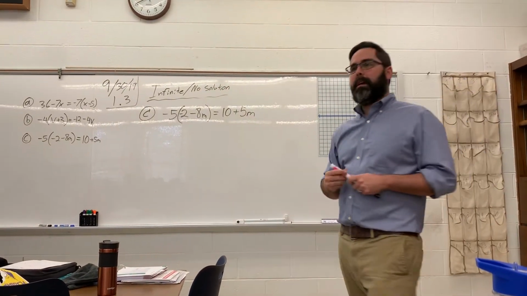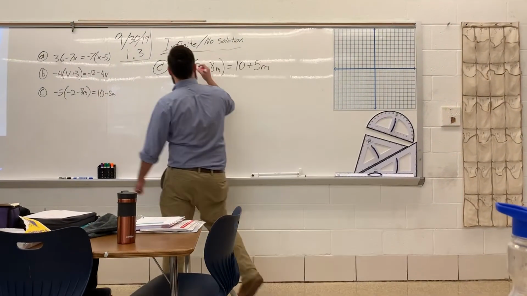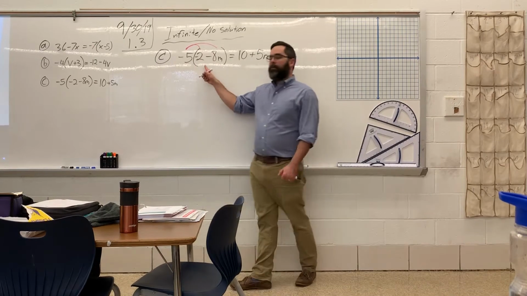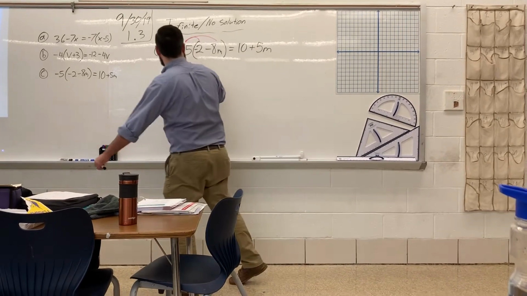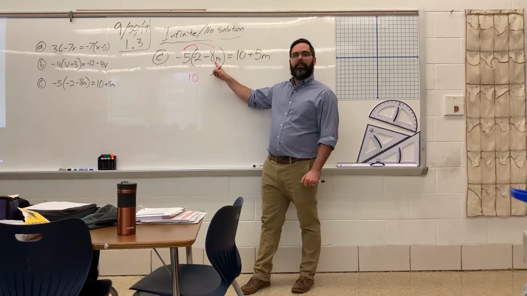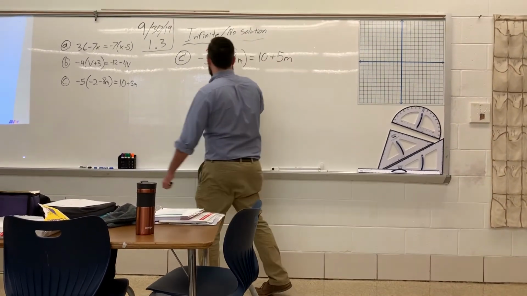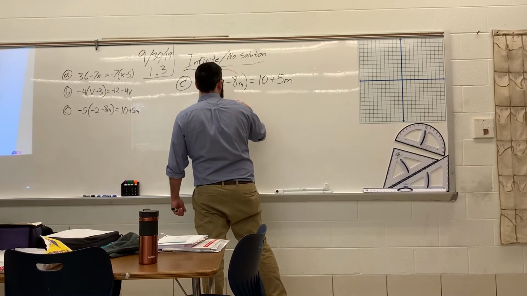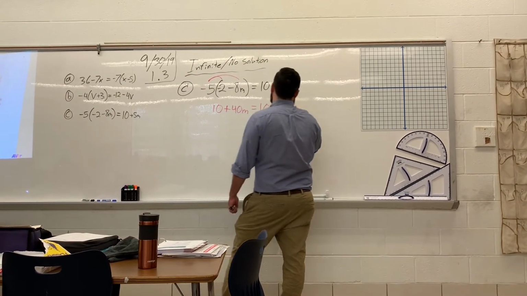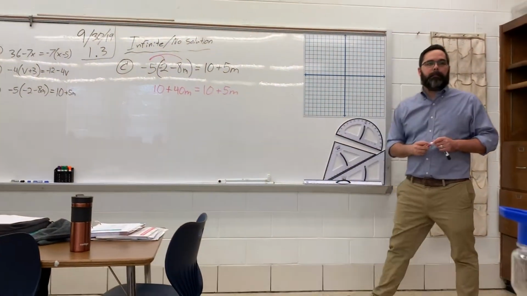Distribute, simplify the left side. So, Mahalet, look at what I'm doing here. Negative 5 times negative 2 is positive 10. Negative 5 times negative 8 is positive 40. Got it? Alright.